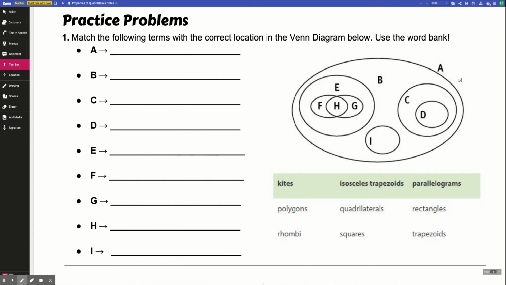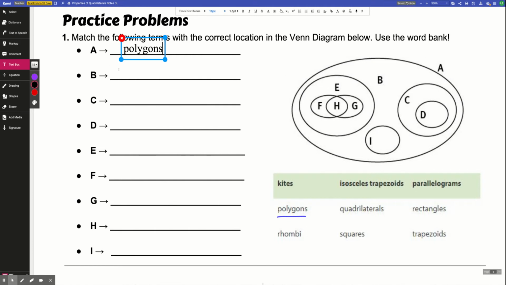Okay, so A is my largest circle, which is just polygons, which just means shapes. So A here is polygons. Make that bigger. Hold on. Okay, and then B, so A is anything outside of this circle, right?